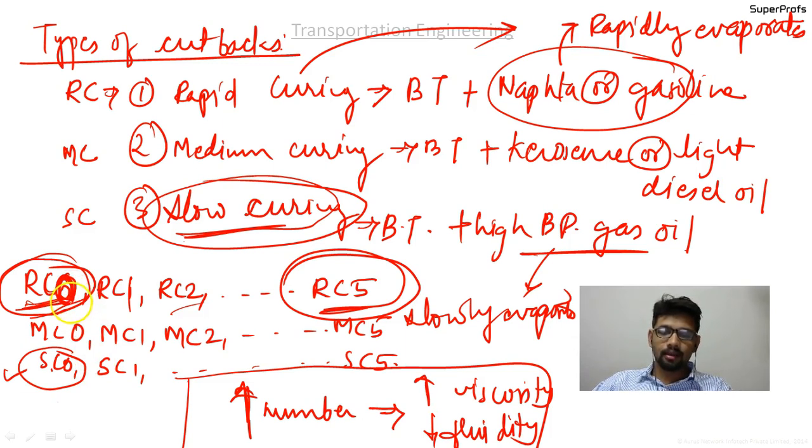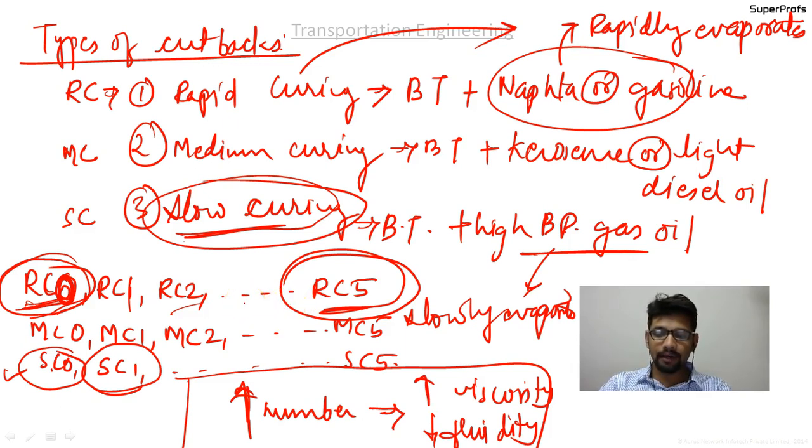And RC0, that is rapid curing, becomes harder faster than the SC1. So hence they are independent, and the number directly corresponds to the viscosity, and the letter directly corresponds to the speed.